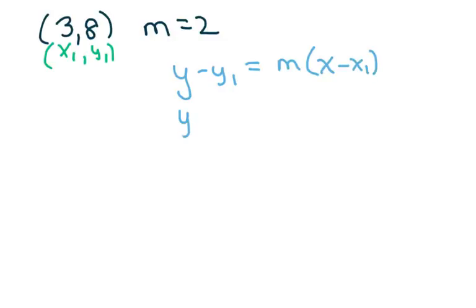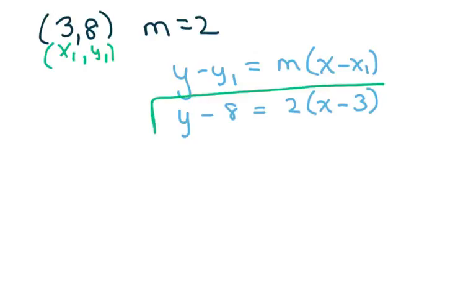So this is going to be y minus 8 equals 2 times x minus 3. So we're done. We have our point slope form. It's very easy to see the formula. We see that the 3 goes with the x here, and the 8 goes with the y, and that's our form. Now we want to put it in standard form.